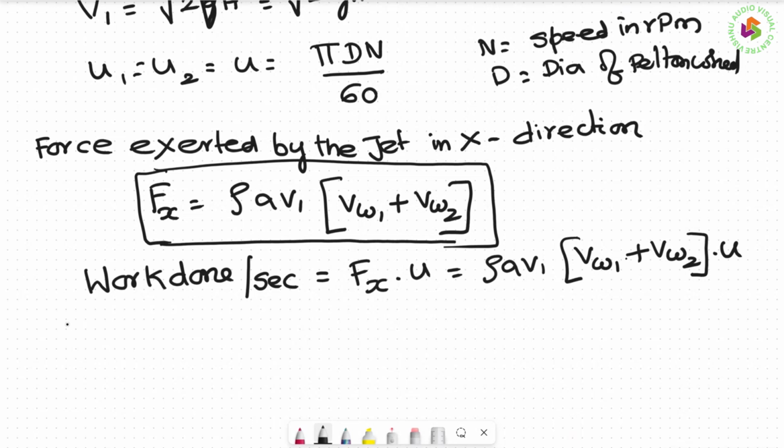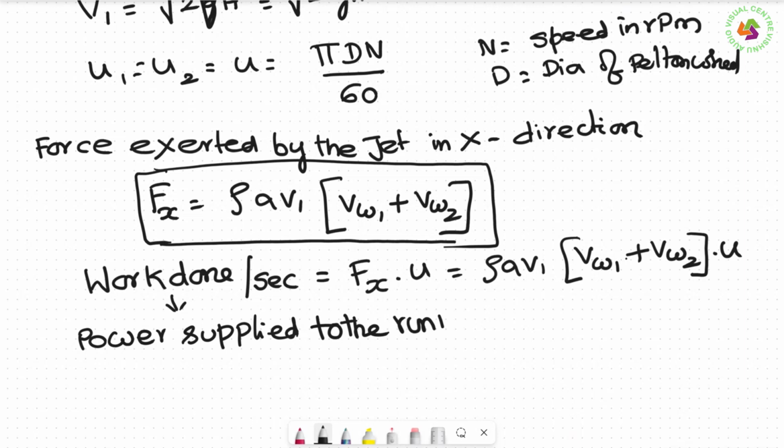This work done per second is nothing but the power supplied to the runner. Power supplied to the runner is equal to work done per second. Right? This is the output.